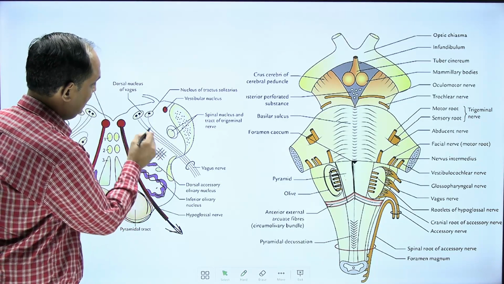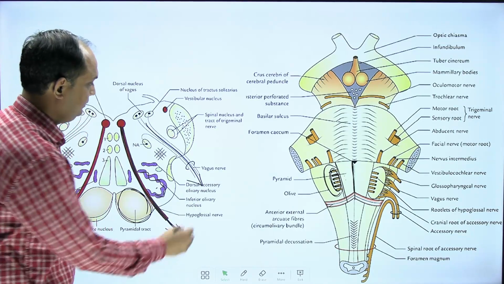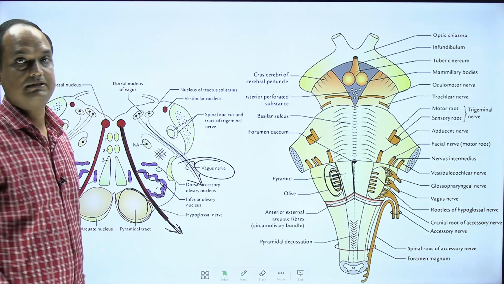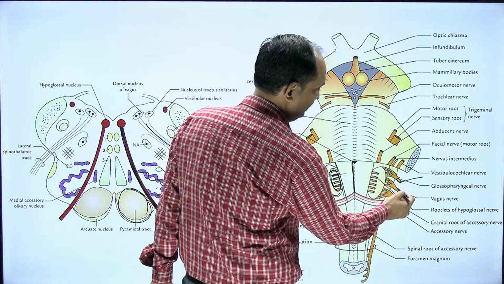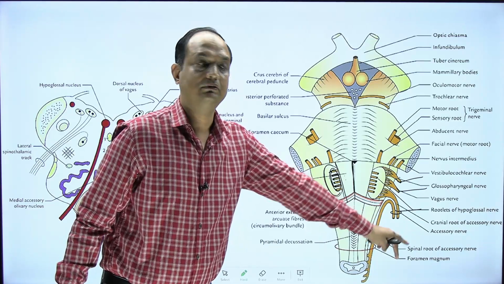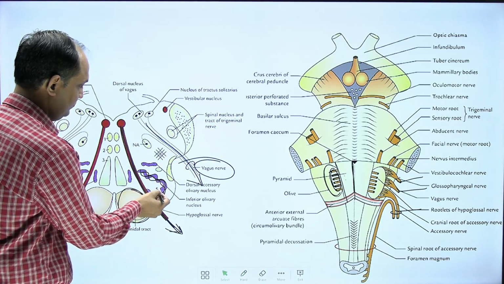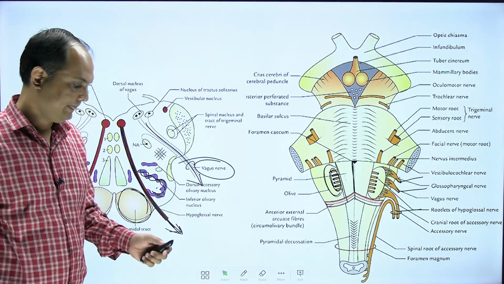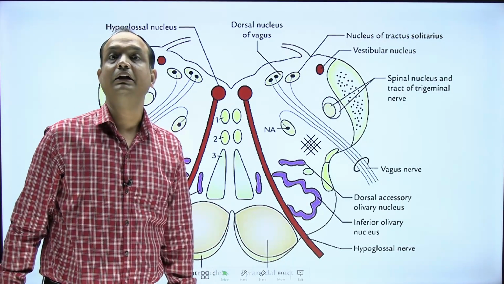Behind the olive you have the exit of the remaining 3 cranial nerves. Here you draw the exit of the vagus nerve. From above downward, the 3 cranial nerves are glossopharyngeal, vagus and part of the accessory nerve. So we draw the vagus behind the olive and the hypoglossal in front of the olive. My dear students, this is our final output.